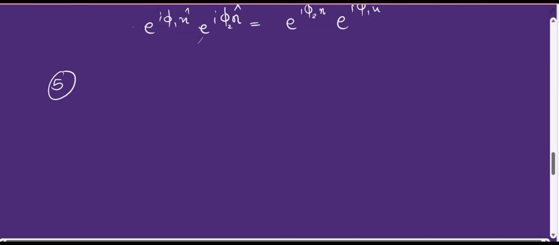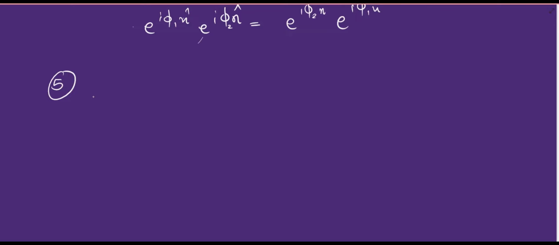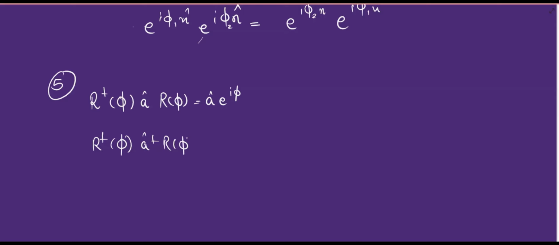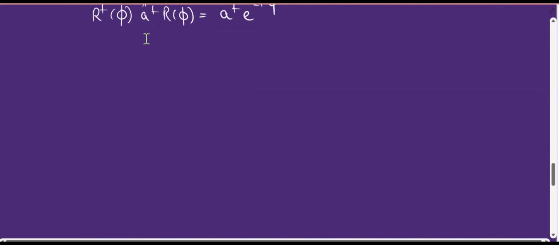Now let us derive another important identity. R dagger(phi) a cap R(phi) is equal to a cap e raised to i phi, and R dagger(phi) a dagger R(phi) is equal to a dagger e raised to minus i phi. So these two identities are there.